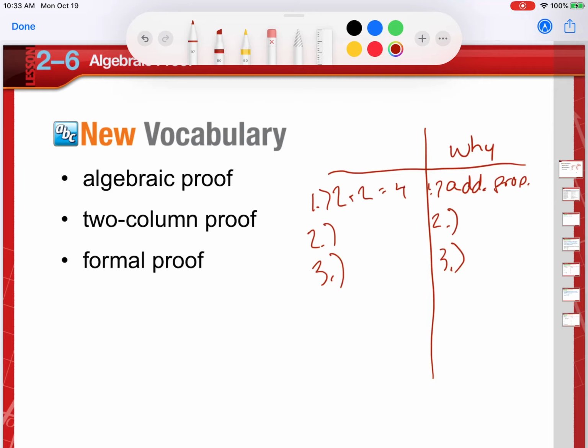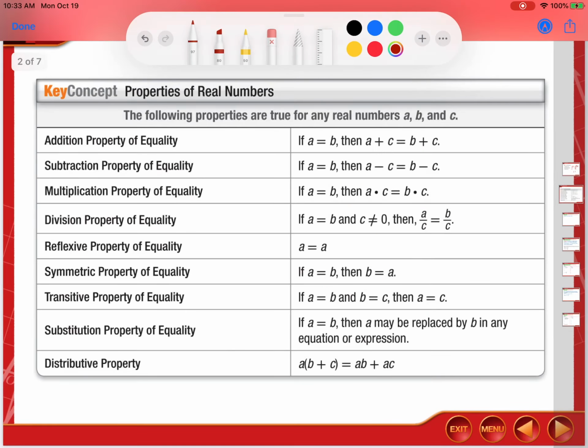So essentially, the way you solve a math problem, you could just solve it on this left-hand side in as many steps as it needs, and then at the end, you're going to give your justification of why these are happening using properties and rules and such. Okay? Properties, yay! There's 9 of them here. I'm not going to go through each of them. You have encountered all of these before.